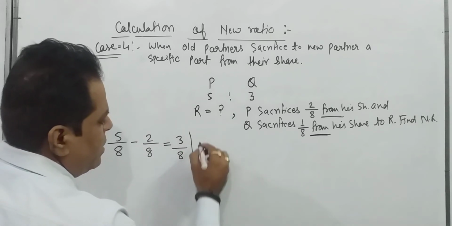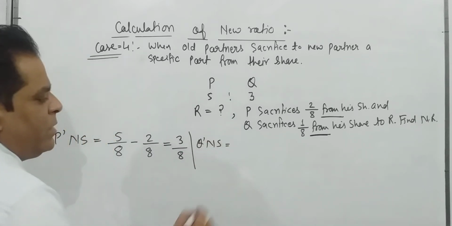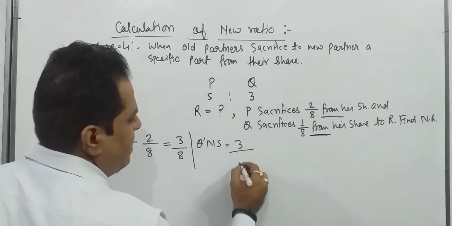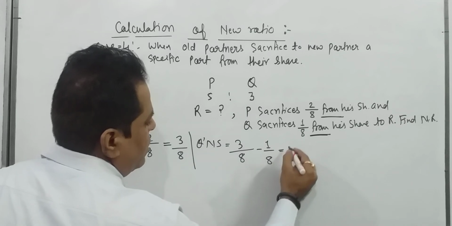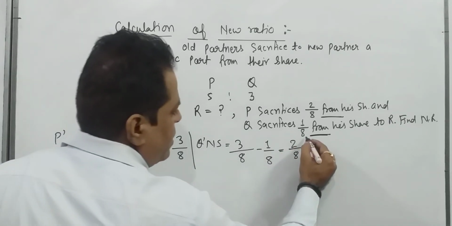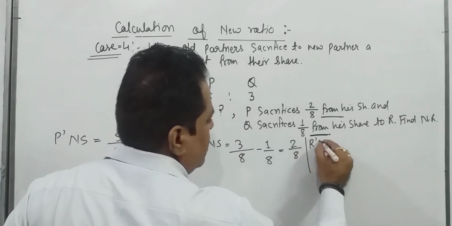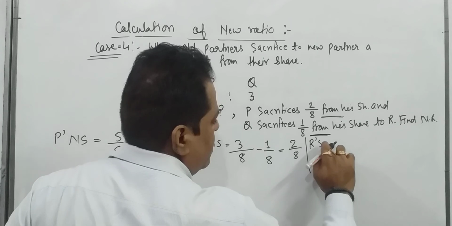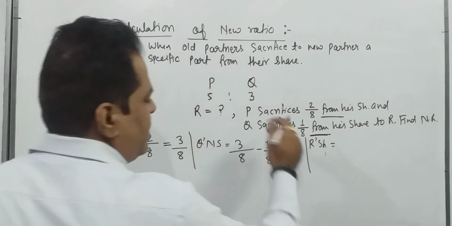Now see Q's new share. 3/8 minus 1/8. Now it is Q's new share. After that, determine R's share. How much is R getting from P and Q?